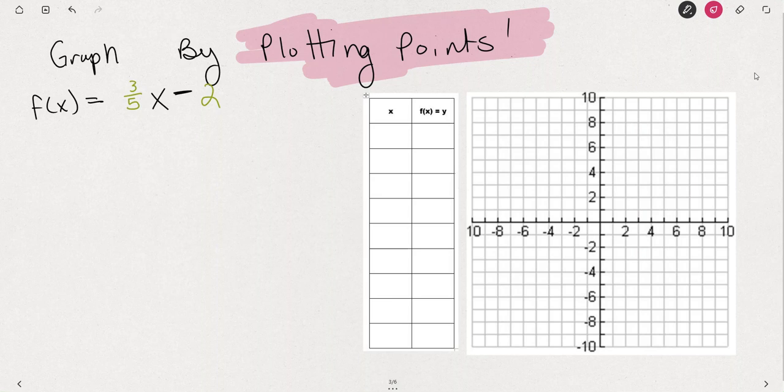What I mean by point plotting is we create a chart like this, an XY chart, where we start with our independent X variable. It's independent because you can choose for it to be whatever you want it to be.